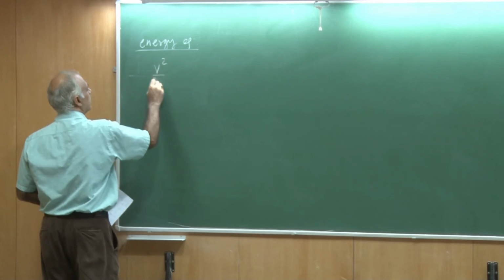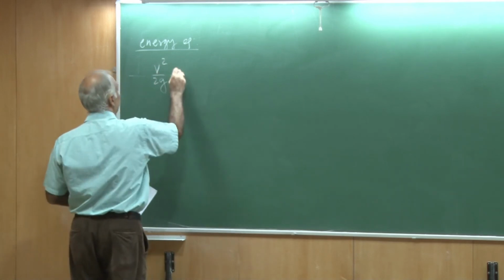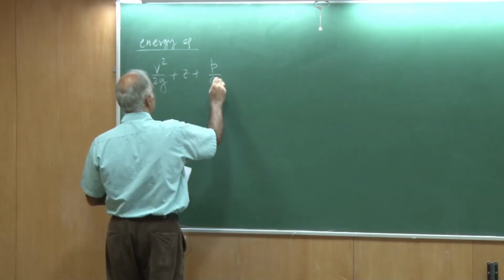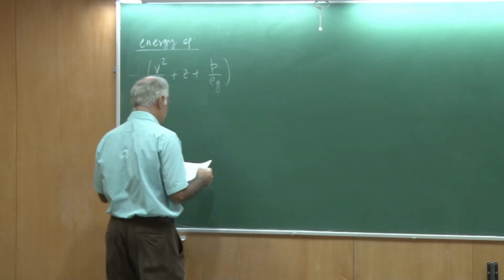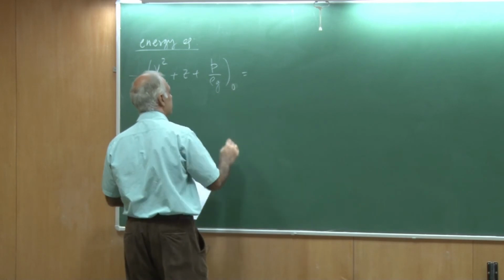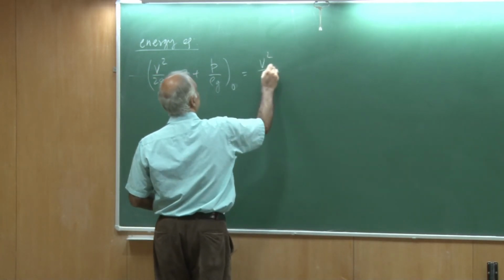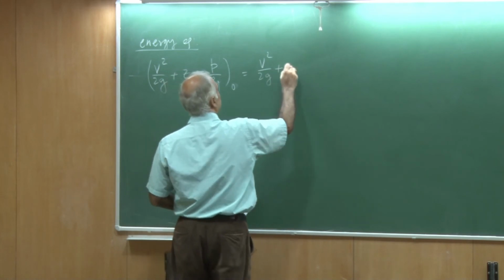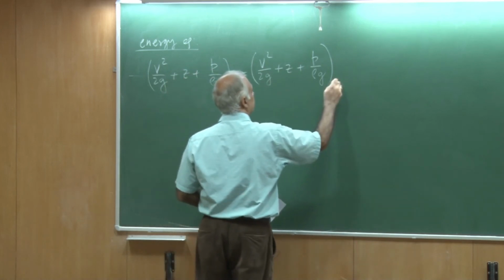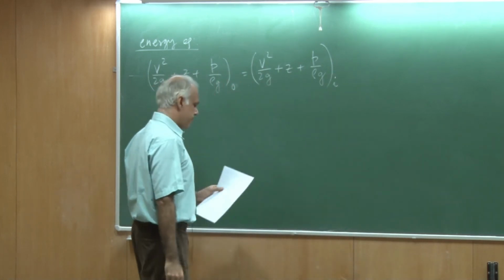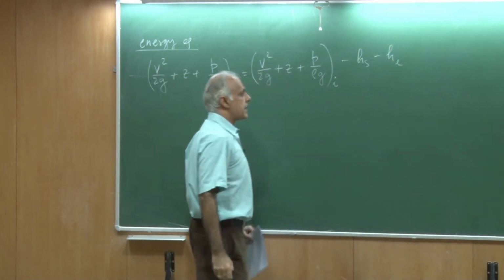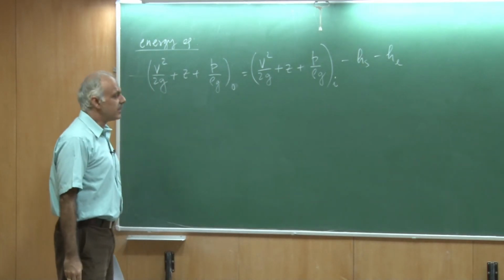V squared by 2g plus z plus p by rho g at the exit is equal to V squared over 2g plus z plus p over rho g at the inlet, minus Hs minus Hl. So this we have already seen.